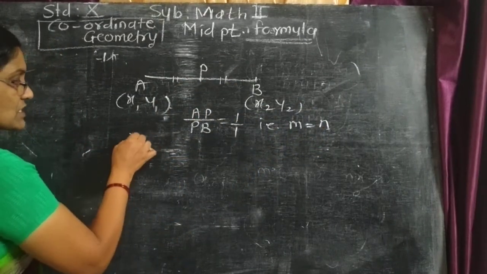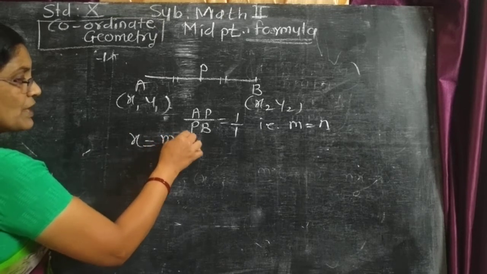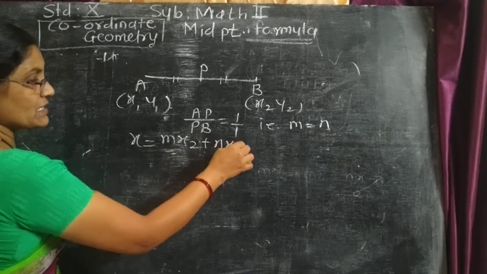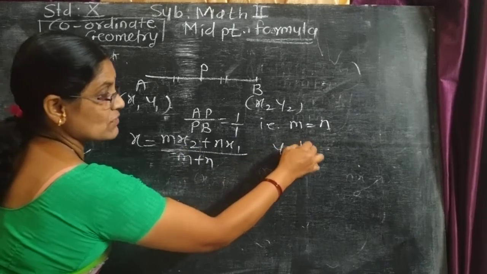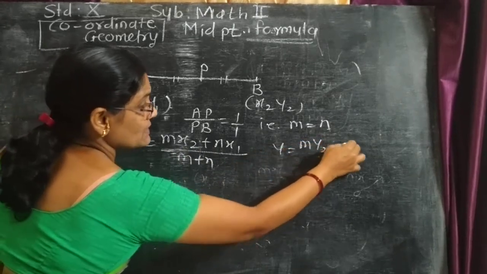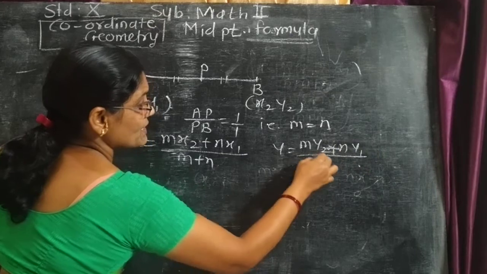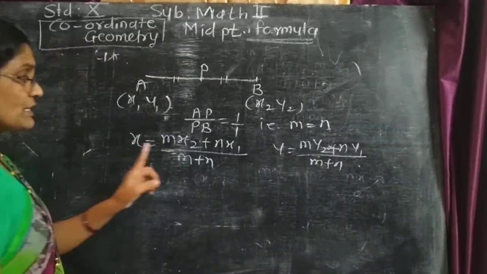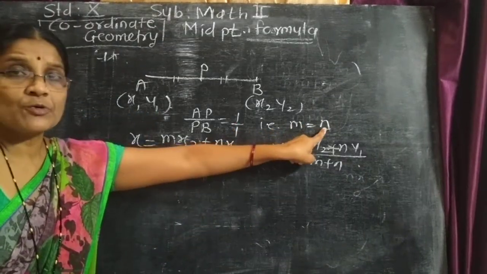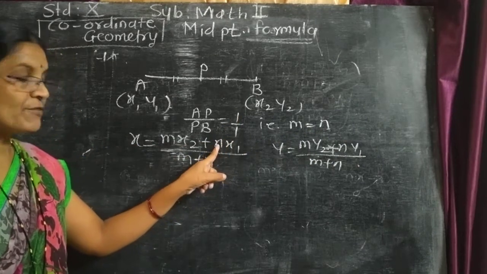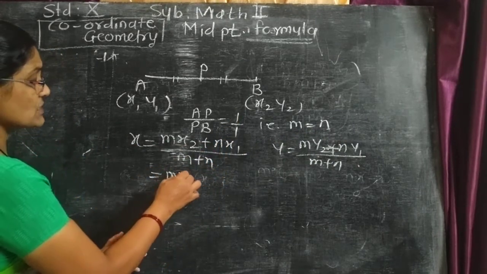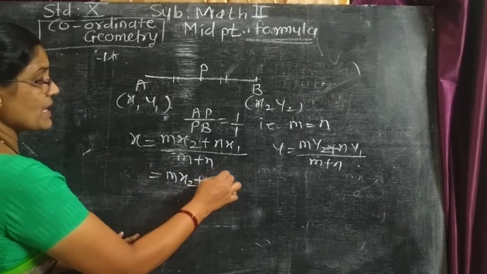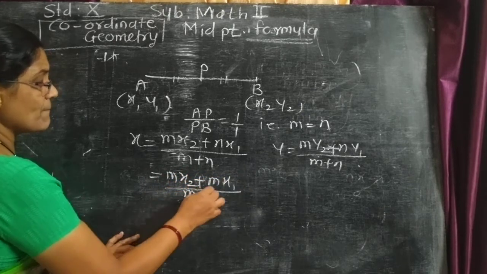Now we have the section formula: x is equal to mx2 plus nx1 upon m plus n, and y is equal to my2 plus ny1 upon m plus n. For m equal to n, we put m instead of n, so we get mx2 plus mx1 upon m plus m.